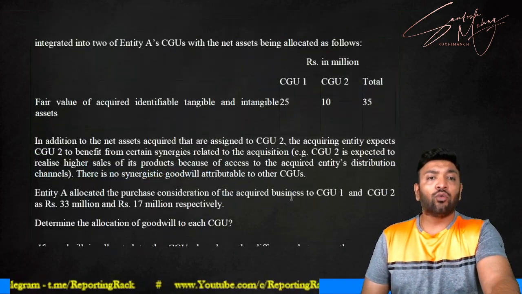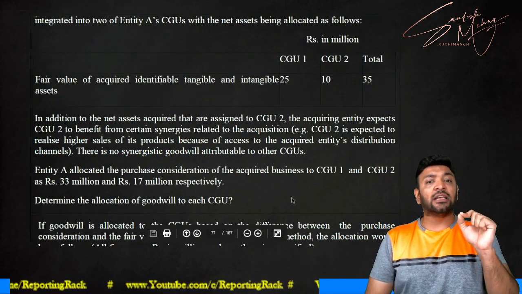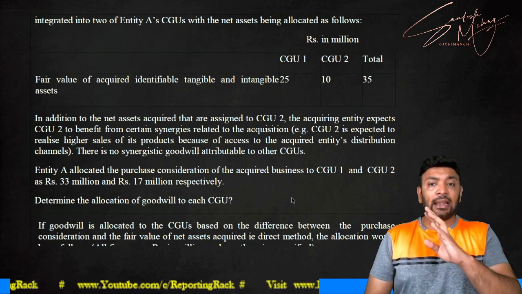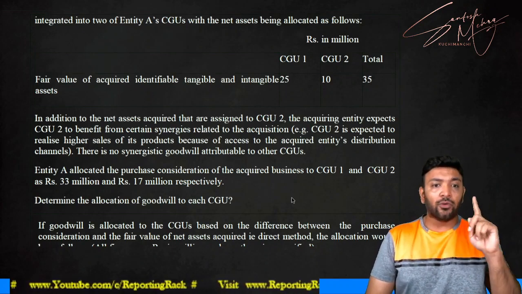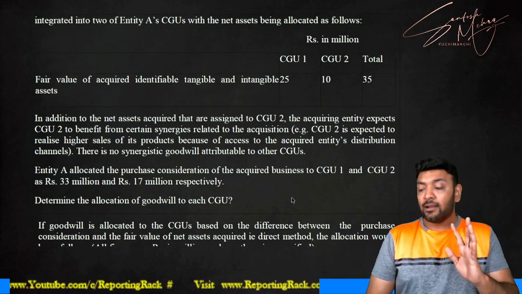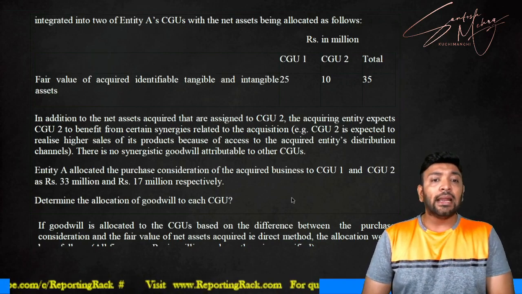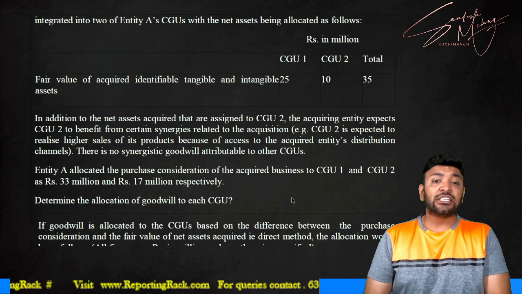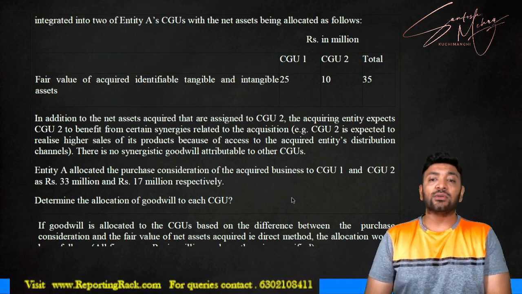However, what I am talking about is only the acquired tangible and intangible assets allocated to the CGUs of A Limited as 25 and 10, a total of 35. The 15 million of goodwill allocation was not given. Let's read through the question to see what is said regarding allocation of goodwill. In addition to the net assets assigned to CGU2, the acquiring entity expects CGU2 to benefit from synergies related to the acquisition.